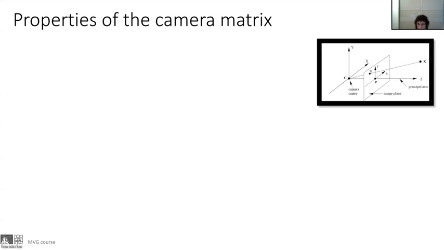Okay. So actually, the camera matrix has some properties. Let's discuss them. Because we have a few ways to write the camera matrix, I write it in some general form, M P4, where M is 3 by 3 invertible and P4 is a vector of length 3.